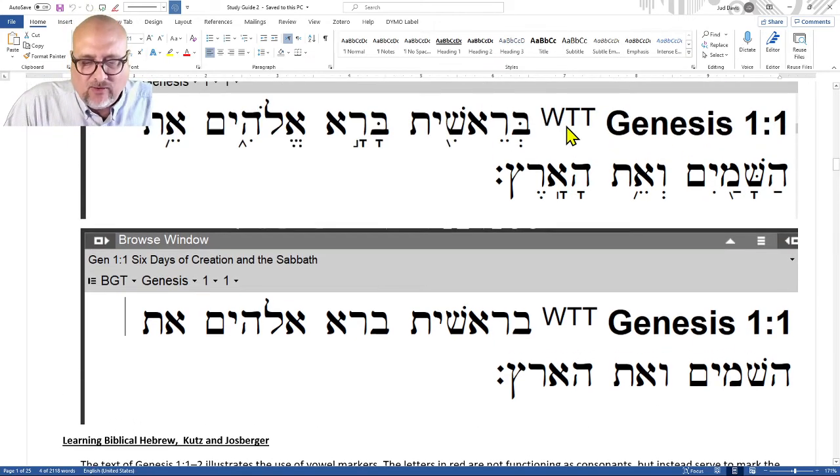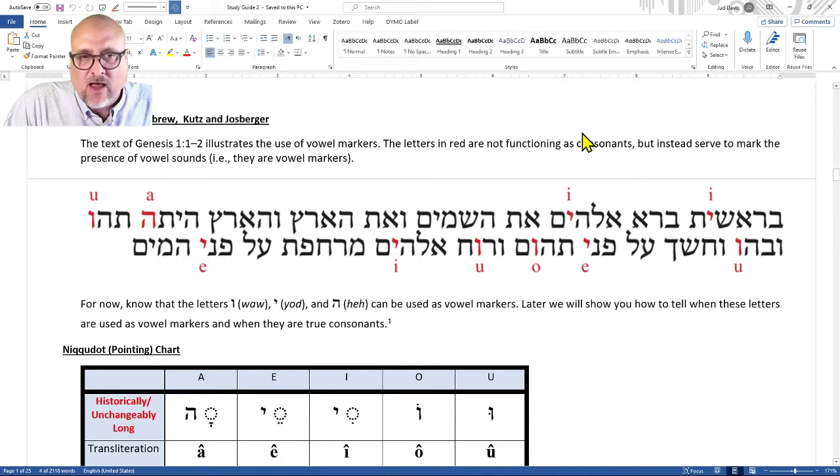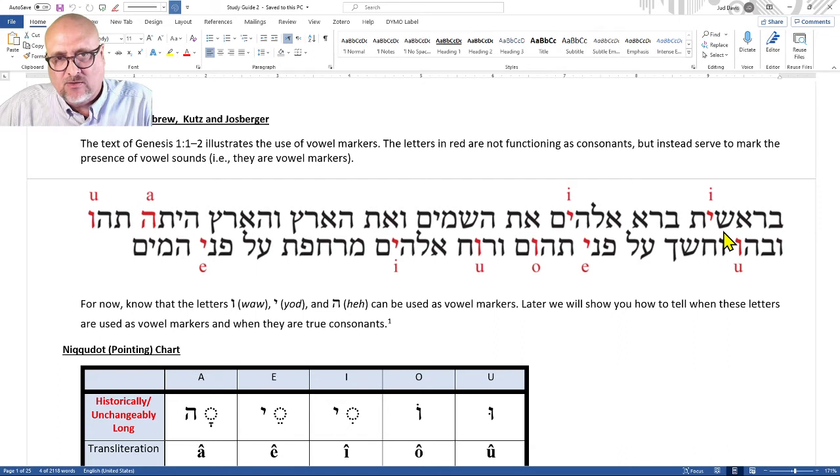So why is this system so hard? Well, it's so hard because originally there was another system that was used. And the system that was used was a system where they used consonants as semi-vowels. And so all the consonants in red are consonants that they think were added sometime after the text was written to represent vowel sounds.